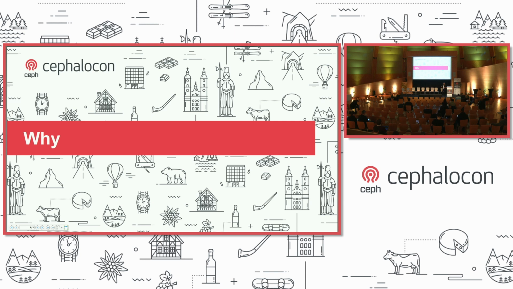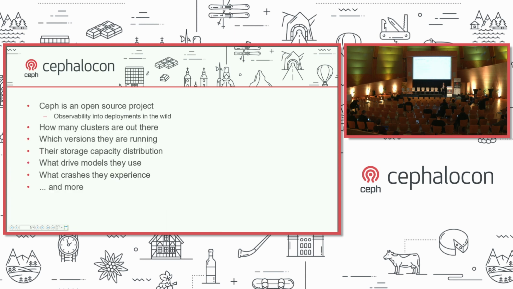Now the question is why we do that. Why do we care about collecting data from clusters out there? As we all know, Ceph is an open source project, and we would really like to know how it's being used and to get some more observability into what's going on out there.